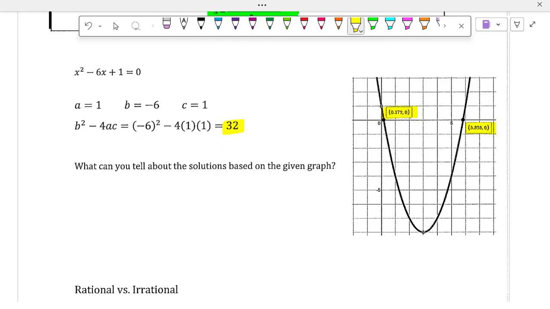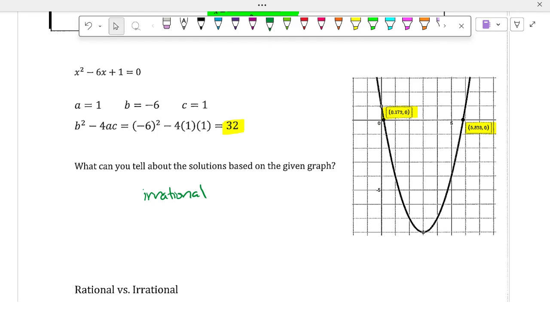Those are technically irrational numbers. So our solutions would be irrational. Now, remember what I said at the beginning of this unit. We no longer accept rounded decimals, unless they specify. So whenever you're solving a quadratic, we want the exact answer, and that's where the quadratic formula comes into play.